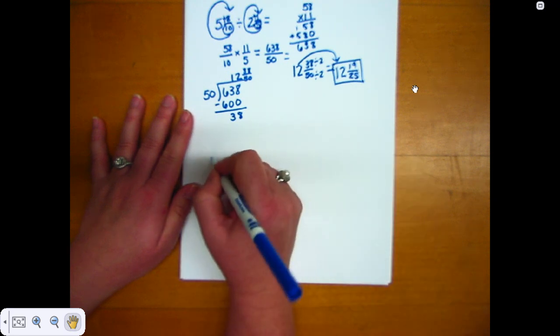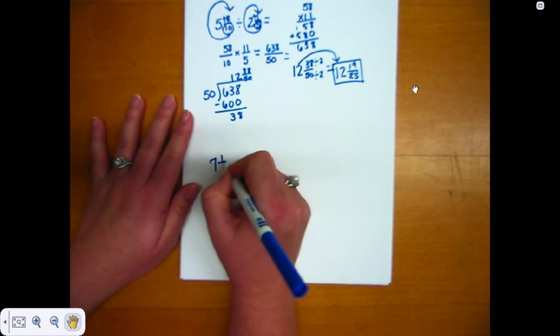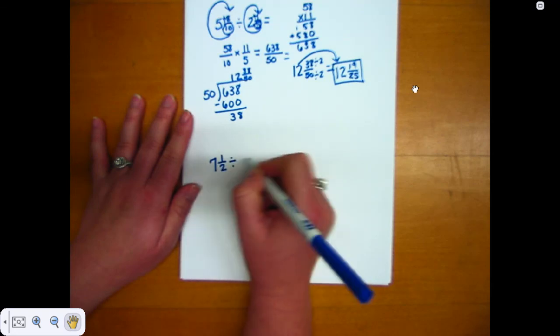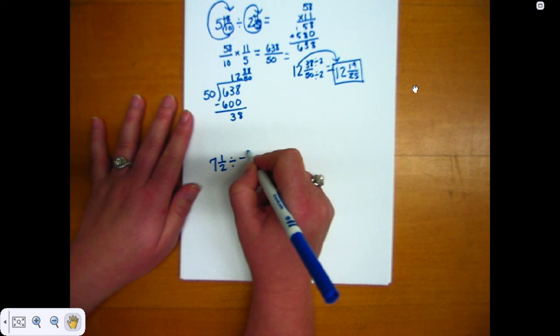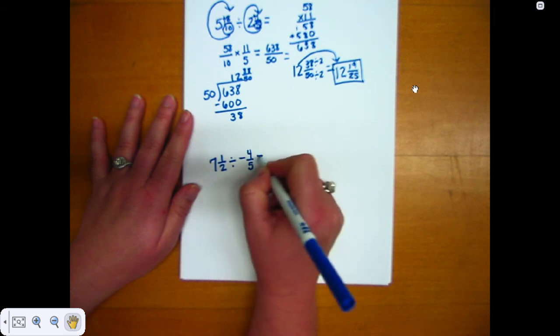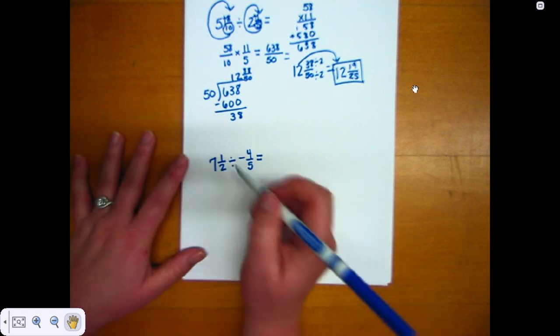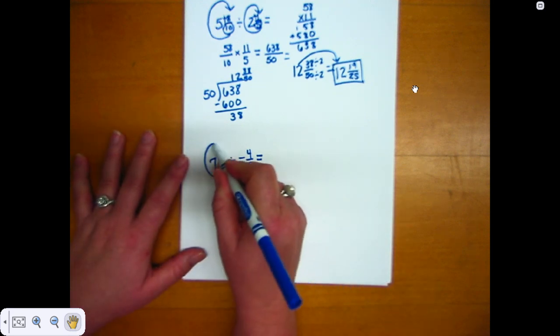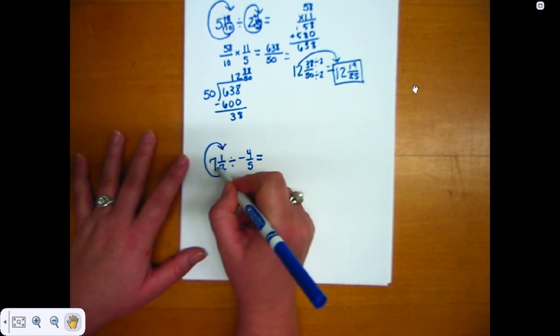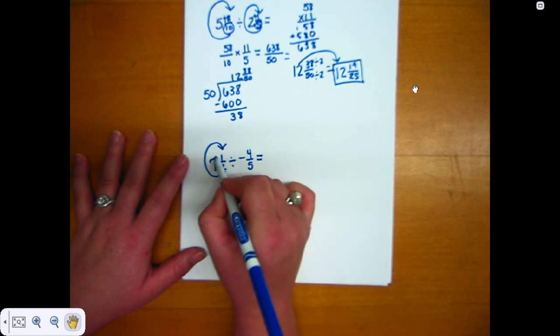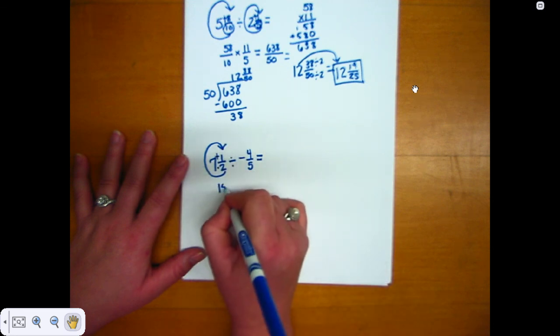So let's do 7 1/2 divided by -4/5. I see a mixed number, so I need to turn it into an improper fraction, so I'm going to do that. 7 times 2 is 14. 14 plus 1 is 15.